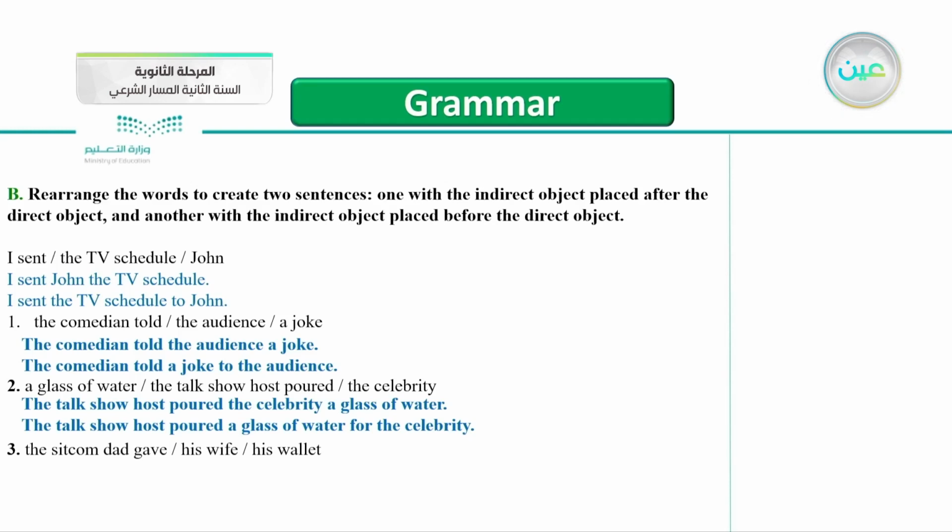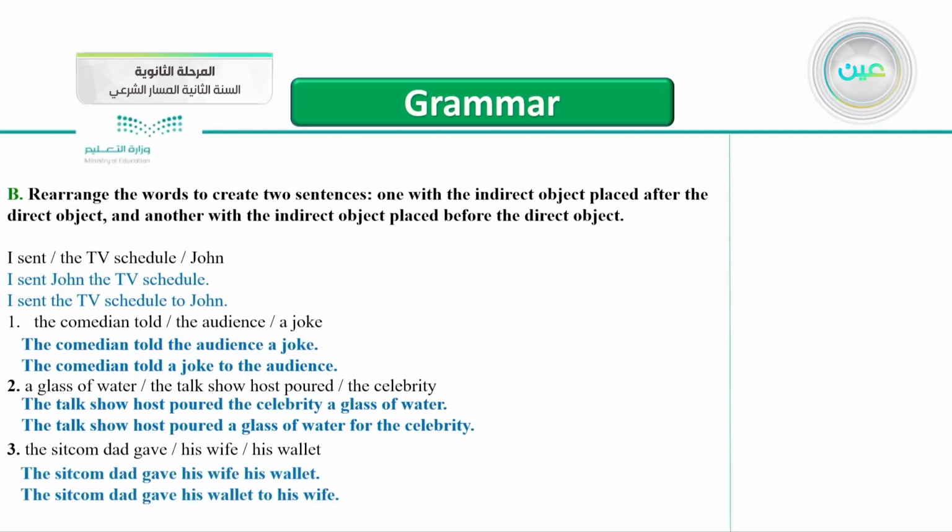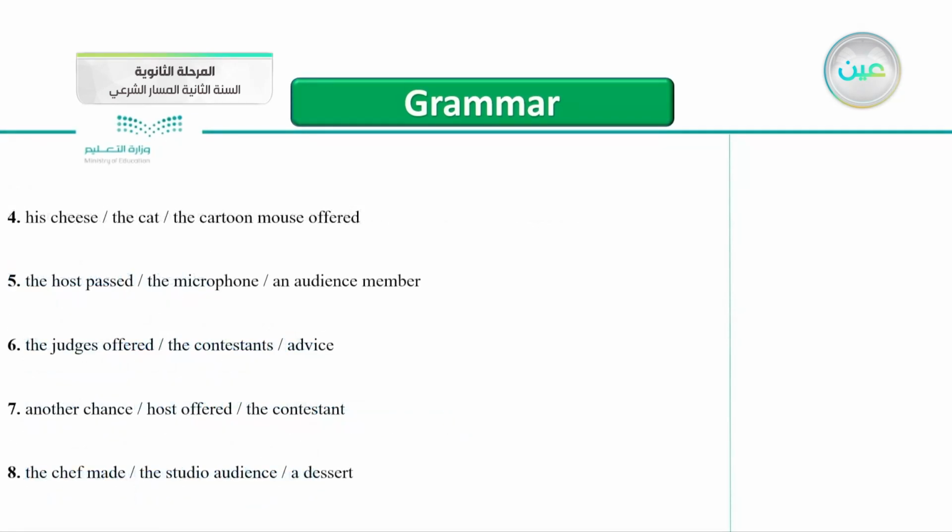Number 3, the sitcom dad gave his wife his wallet. So, yes, the sitcom dad gave his wife his wallet. The sitcom dad gave his wallet to his wife. So now we know that his wife here is the indirect object. Continuing here, the number 4, his cheese, the cat, the cartoon mouse offered.